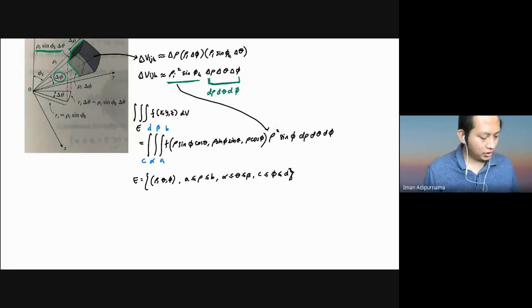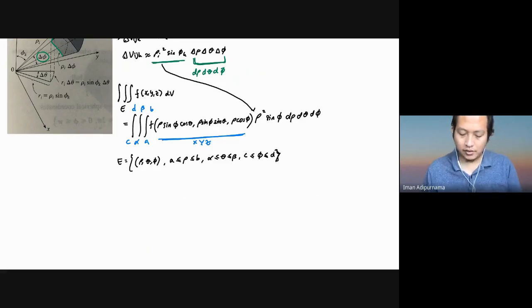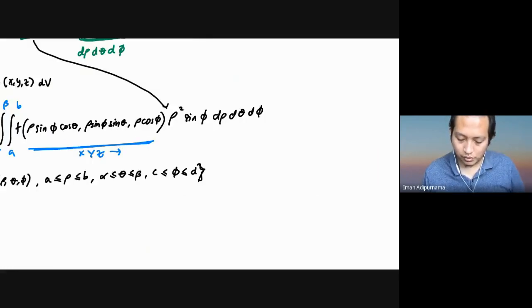And actually, whenever you have a function here, any functions like x, y, z, but you know that you can convert them into spherical, maybe you think that it will be much easier to convert to the spherical. You can do that, but don't forget to multiply with this.